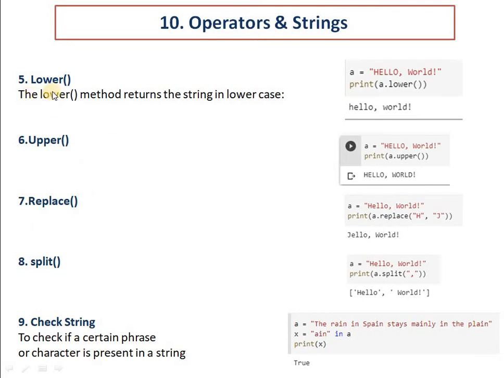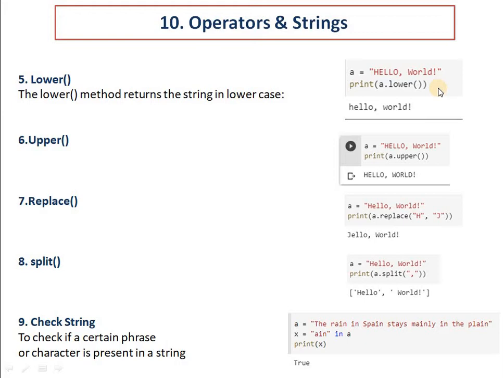Next function is lower. It is used to convert the string into small letters. See an example. A is equal to hello world, and I am telling print a dot lower.